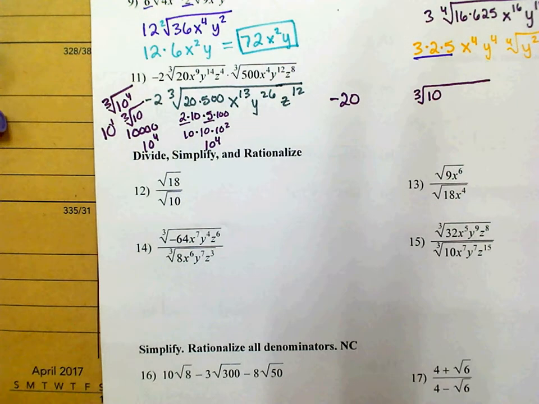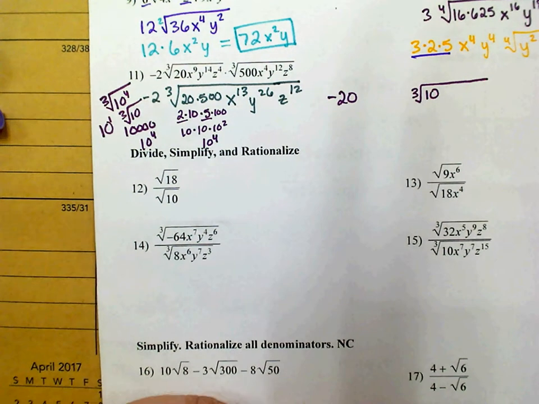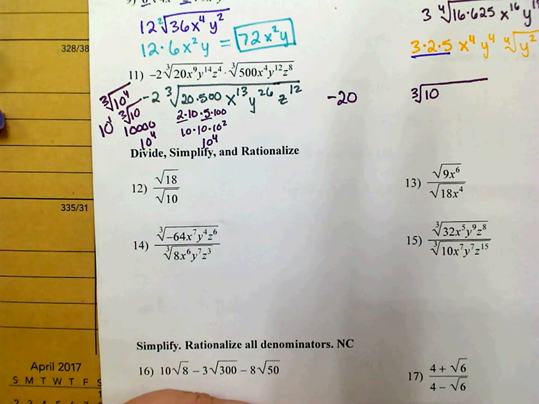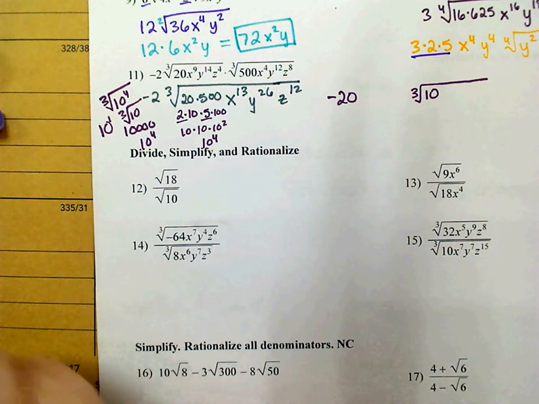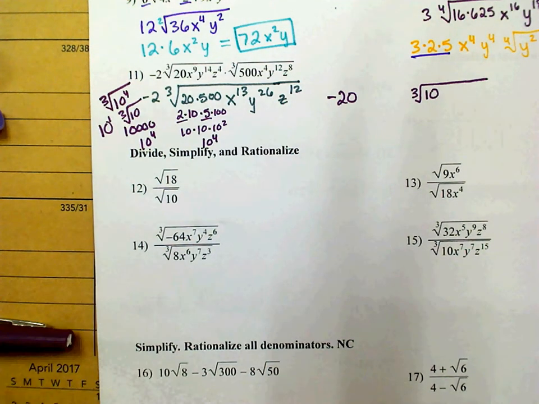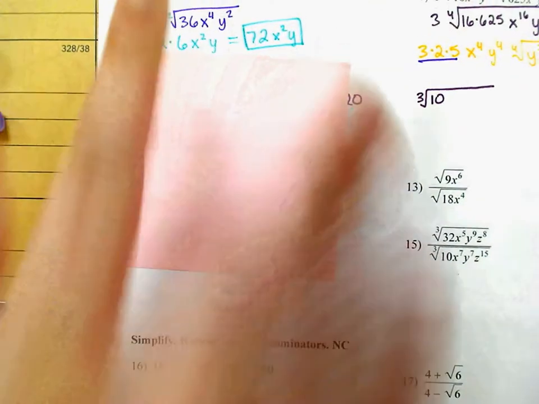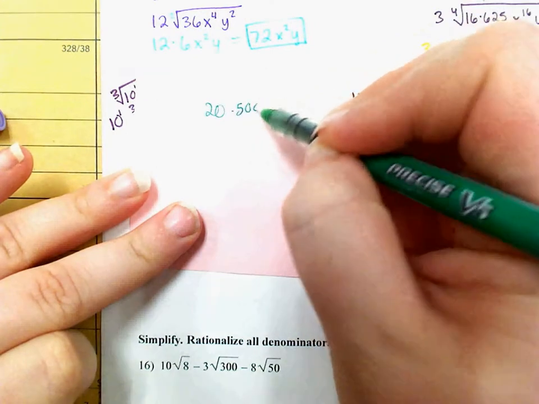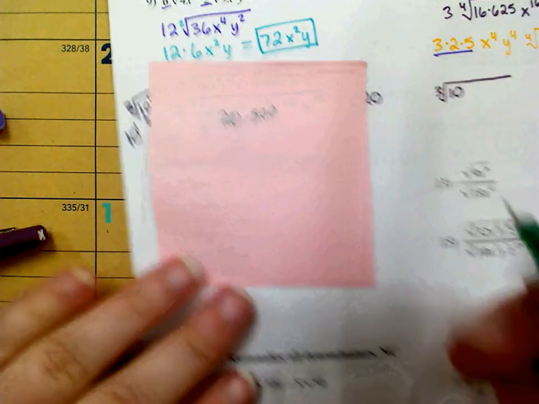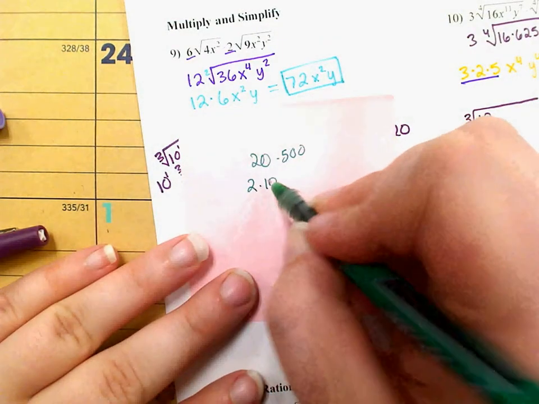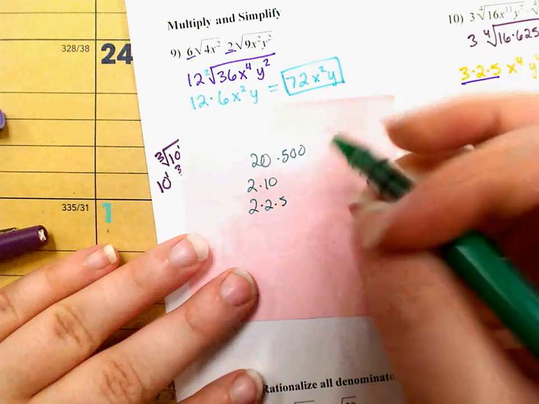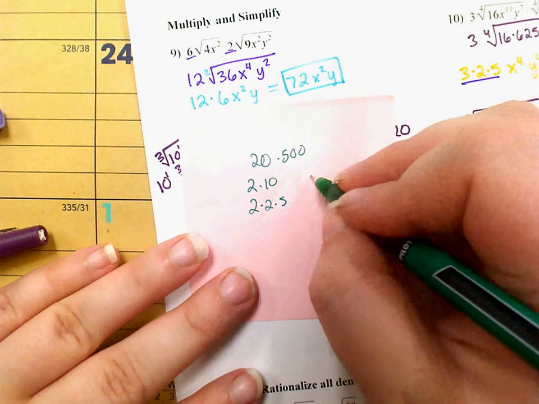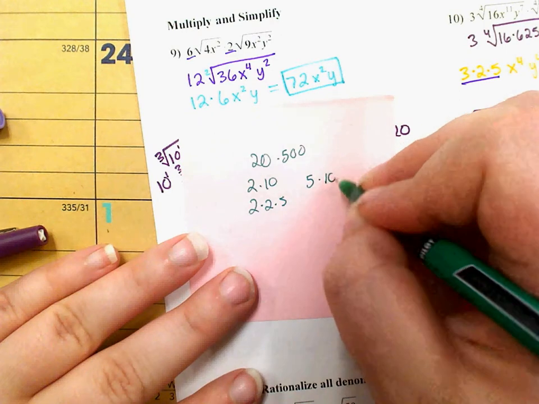Now, if you broke it down into its very prime factors, you could say, well, let me see, 20 times 500. If you broke it down all the way, then you would be like 2 times 10, which is 2 times 2 times 5. 500 is 5 times 100.